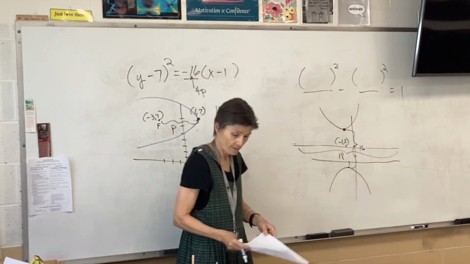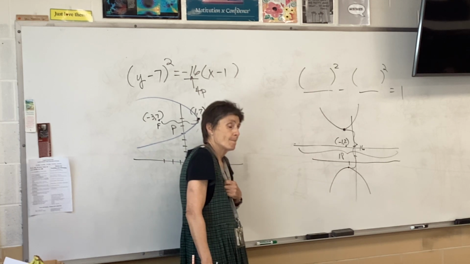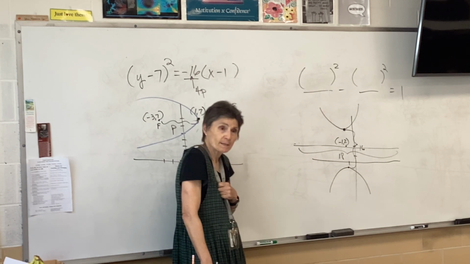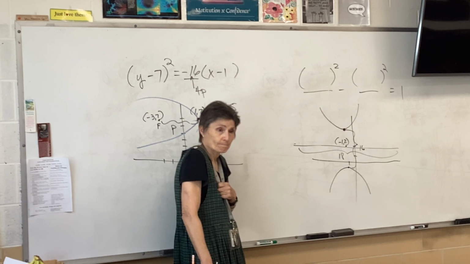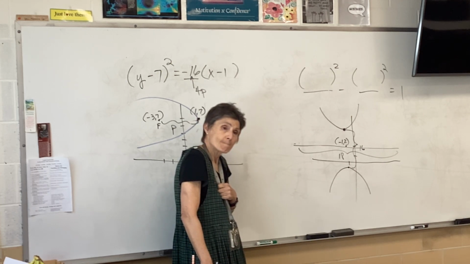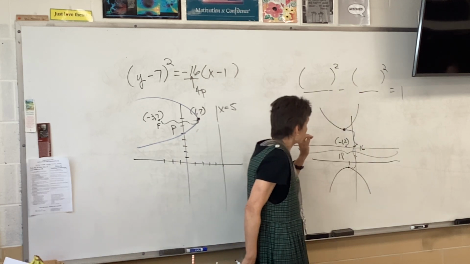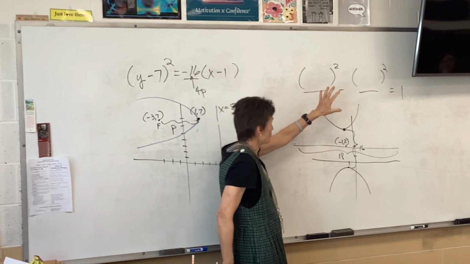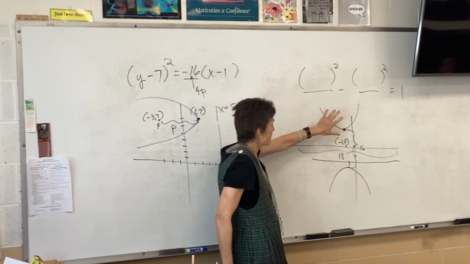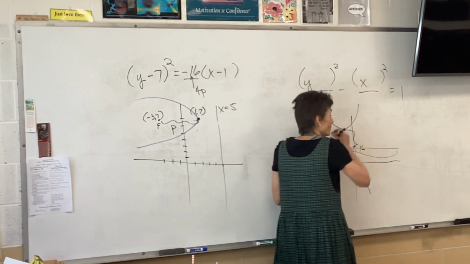All right, well, I got a lot going on in that picture. Remember, nobody's grading that, it's for me. For you. What can you tell me about my equation? Jacob? You go up 8. Okay, so, first, let's get my variables up here so I know where to put that number. So since I'm opening vertically, Y is first. I'm going to have a Y here and an X here.